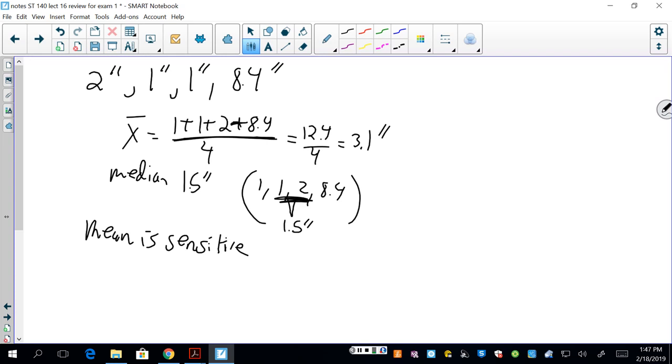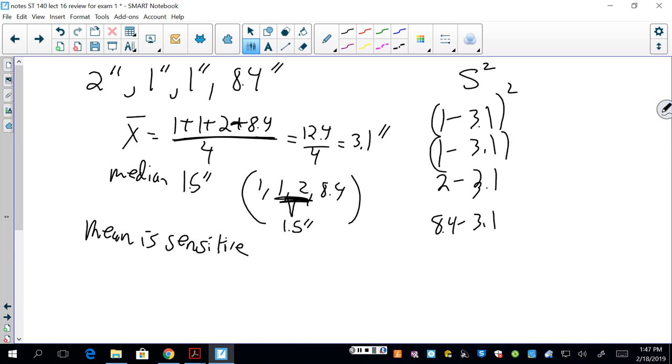In terms of the standard deviation formula, it would say take 1 minus the average, 3.1, and 1 minus 3.1, and 2 minus 3.1, and 8.4 minus 3.1, and then square those. The squares get rid of the negatives.